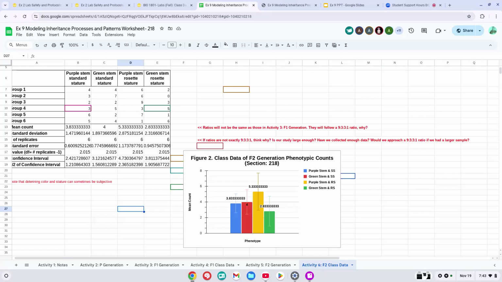And one thing that I want to point out to you guys is that sample size plays a really big part in how we can view the experimental results. So based on these results, because we don't have a 9 to 3 to 3 to 1 ratio, what would you guys say we could do in order to get that ratio?